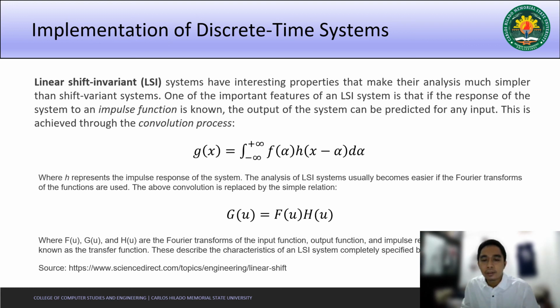The analysis of an LSI system usually becomes easier if the Fourier transform is used. So in the final equation, the convolution can be replaced by G of u equals F of u times H of u. So this is the equation. The implementation of discrete time systems is in the Fourier transform as well as in the convolution.